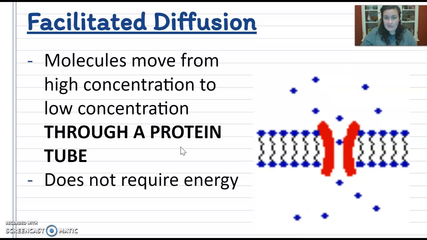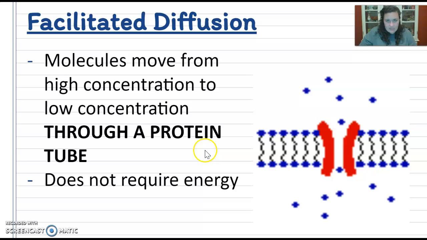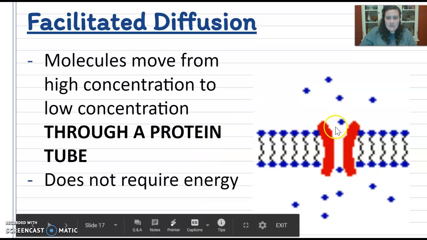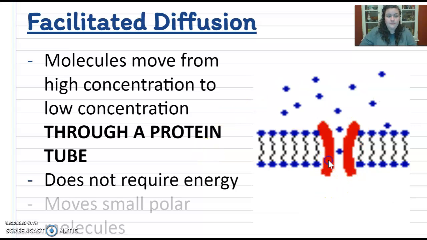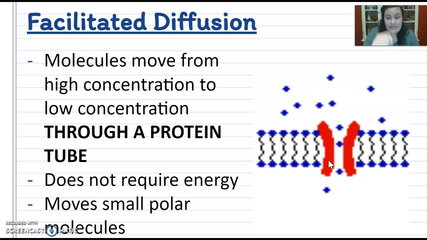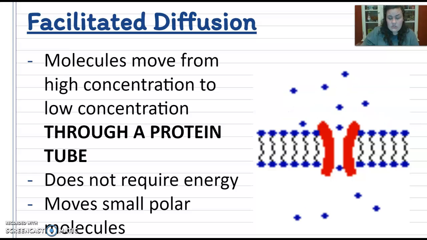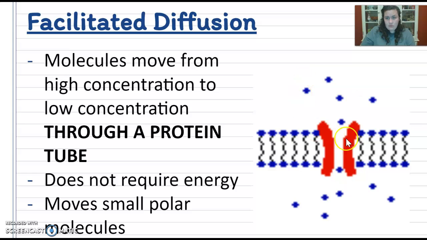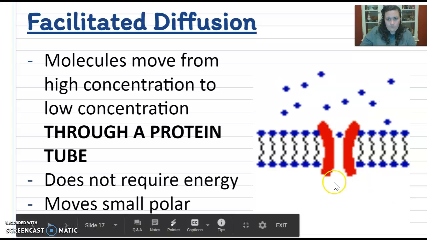Okay, now because this is still just diffusion, it does not require energy. Okay, you don't need to make this happen. It will just happen on its own. And we still have to be small molecules. So if we had that big blue molecule here again, it doesn't really matter what's going to happen. He can't fit through this little hole. Like he can't fit through this little tube. It's just not going to happen.